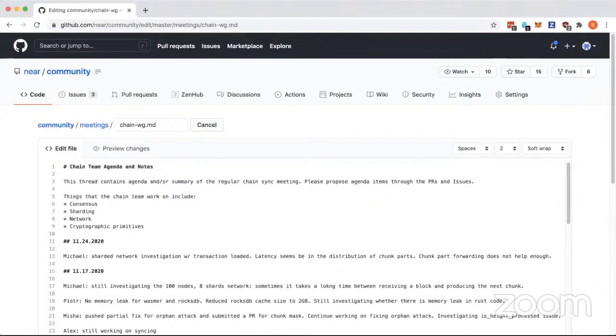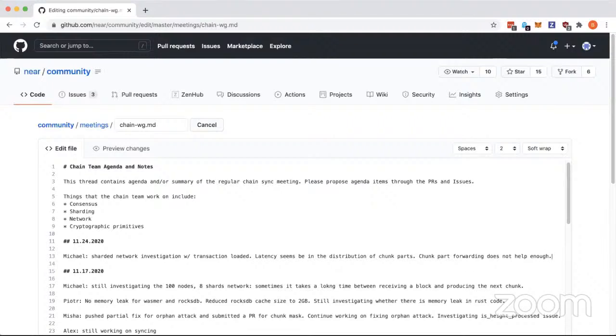Therefore they apply the block too slowly, and the chunk they produce does not get included. So basically the bottleneck is in getting enough data to apply the block. Yes, that's what I think is the case.